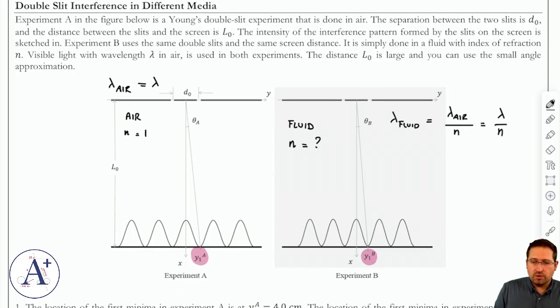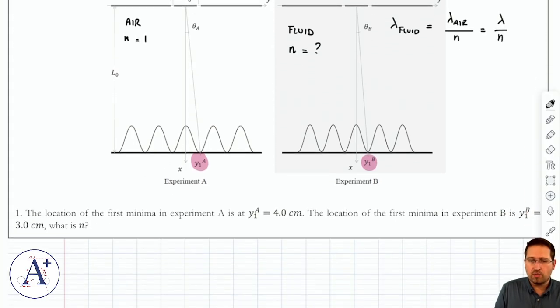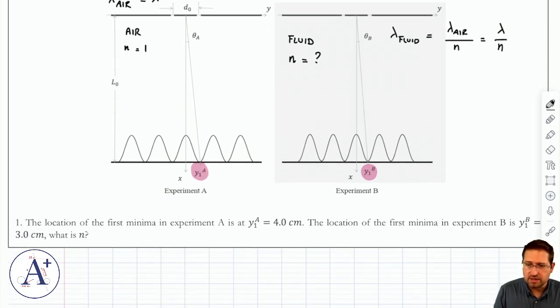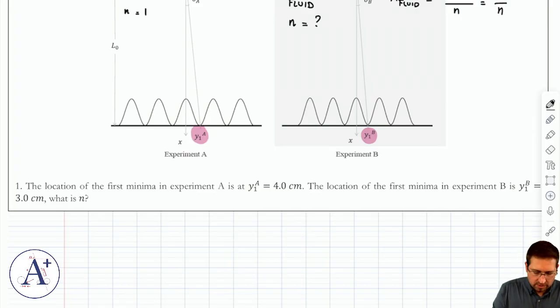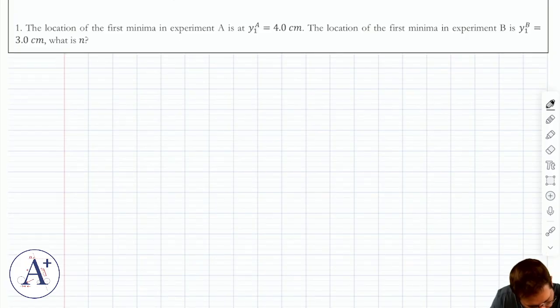And if we're told that y1a is 4 centimeters and y1b is 3 centimeters, right here, then can we find n? Very good question. So we have effectively a double slit interference problem, and in the case of double slit interference, we have a formula for bright fringes and dark fringes, so we know where to locate them.